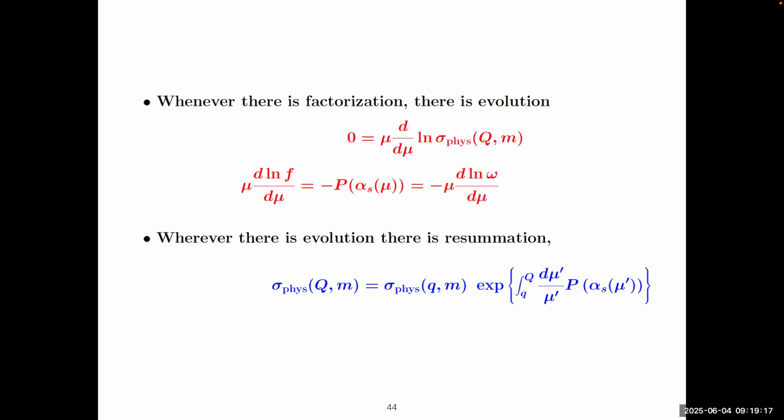So therefore, we can use this familiar idea of separation of variables. It's what you do when you separate the angular variables from the radial variables in solving the Schrodinger equation for the hydrogen atom, for example. And separation of variables tells us that the mu dependence of the long distance function has to be the same, except for the sign, as the mu dependence of the short distance function.